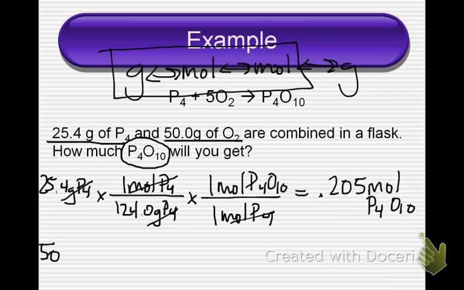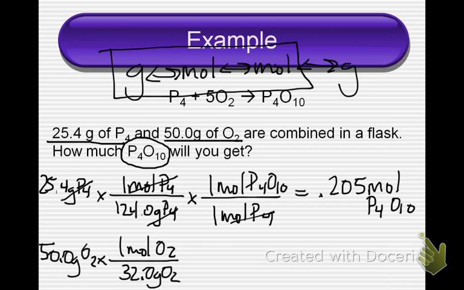So we've got 50 grams of O2. 1 mole of O2 is 32 grams of O2. Grams cancels out grams. Now, in this case, it's still 1 mole of P4O10.